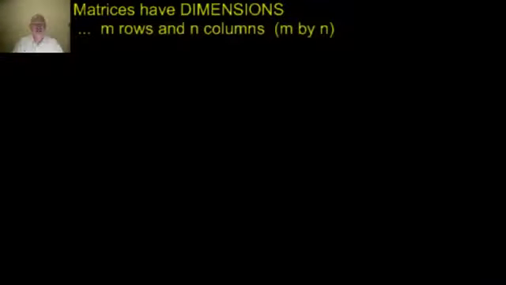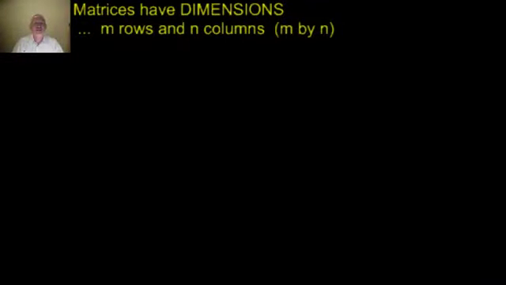Let's take a look now at different types of matrices and the terminology we use to describe them. In the bottom right hand corner I've put a set of matrices, which might be helpful if you've never seen one before. They come in all sorts of shapes and sizes, and in particular every matrix has a certain number of rows and a certain number of columns, and we classify a matrix according to its dimensions.